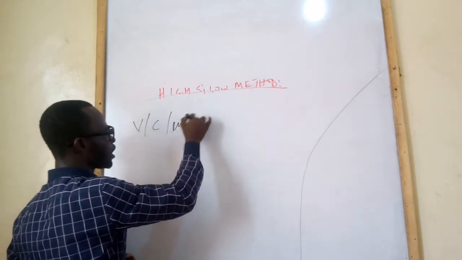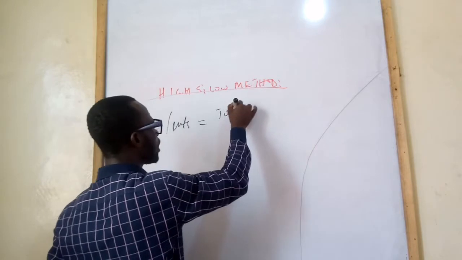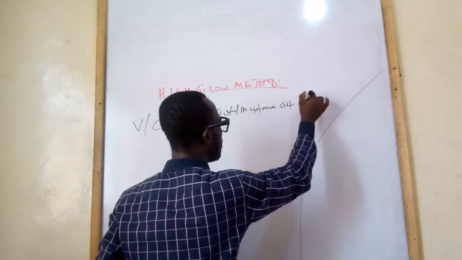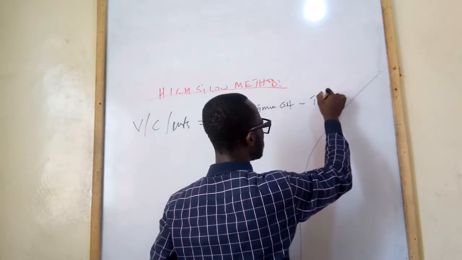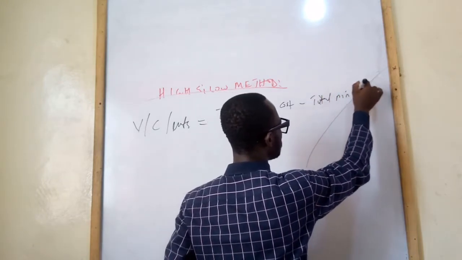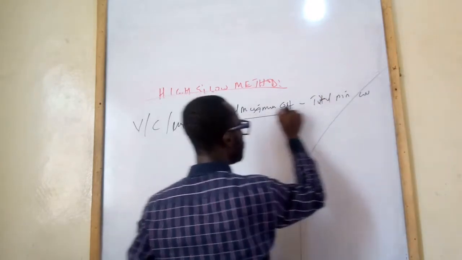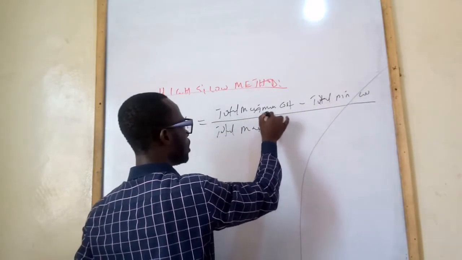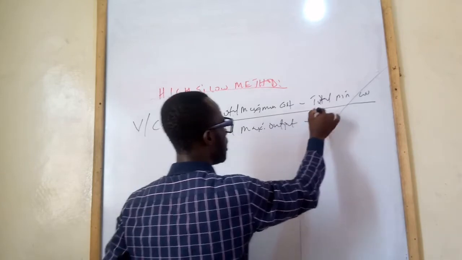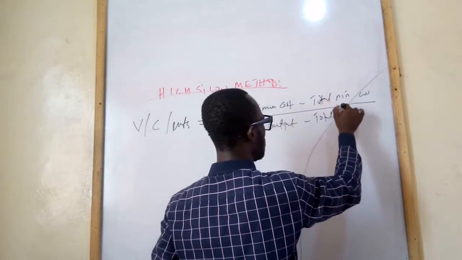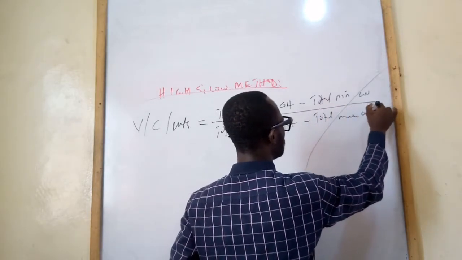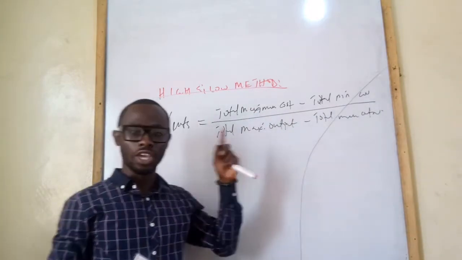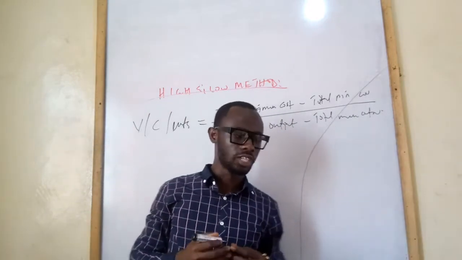With the high and low method, your variable cost per unit is going to be the total maximum cost minus total minimum cost, divided by total maximum output or units minus total minimum output or units.